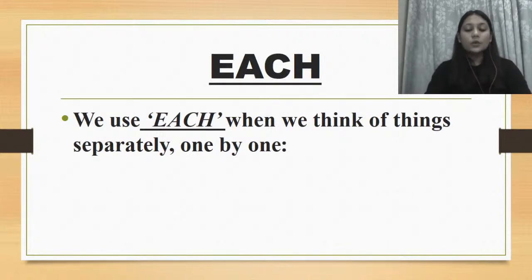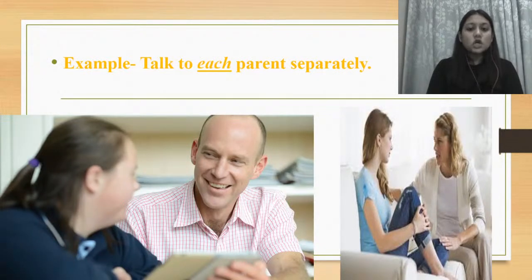Now, each. We use each when we think of things separately or one by one. So we use each in the context that we are talking about things separately, like one by one. This we already know, I think, right? Now, talk to each parent separately, right? So there are parents, let's say mother or father. You have to talk to each parent individually, separately.